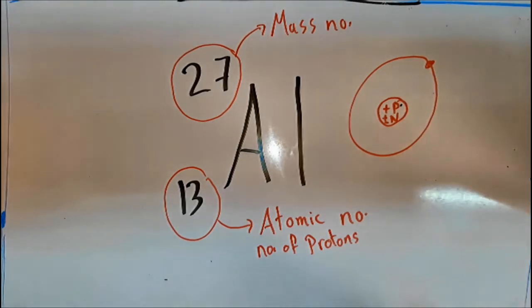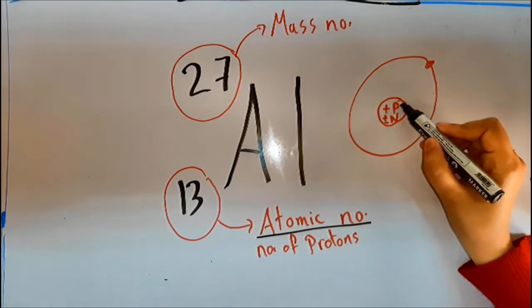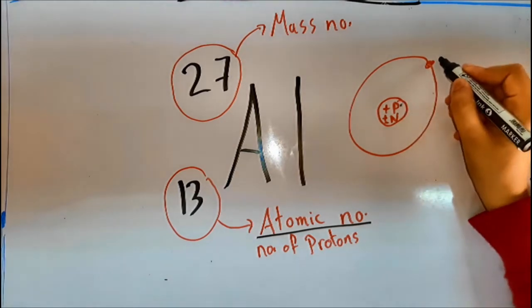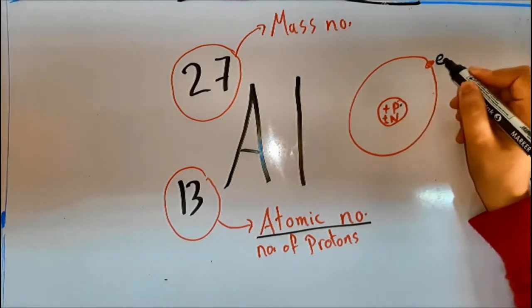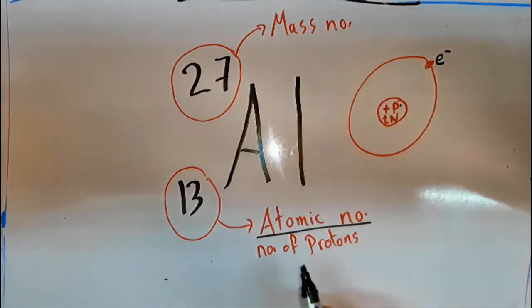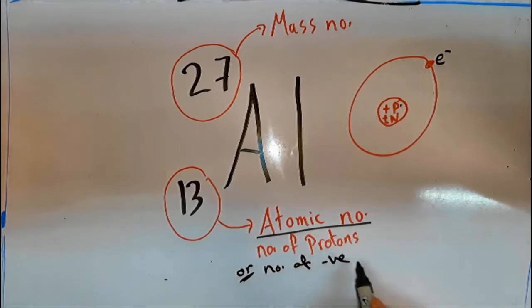We call it the atomic number. And also the number of positive protons equals the number of negative electrons. So the atomic number equals the number of positive protons or the number of negative electrons.